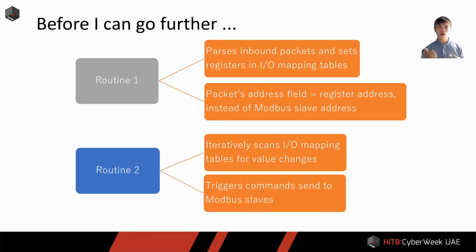It reads the inbound packet, parses the commands, reads the input and puts it into the internal memory. The second routine scans the internal memory and sees if any value has been changed. Then it checks the I/O mapping table, triggers the commands that fit the change of the internal memory, and sends the translated output to Modbus slaves.